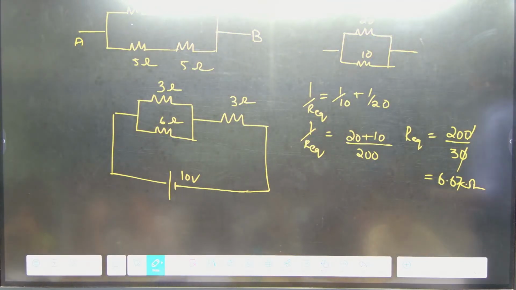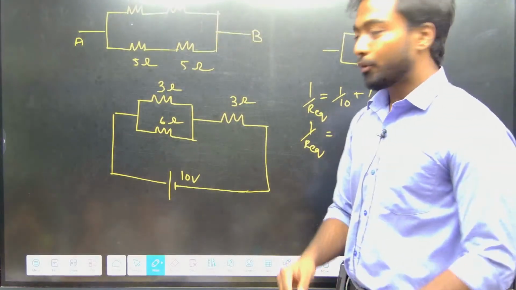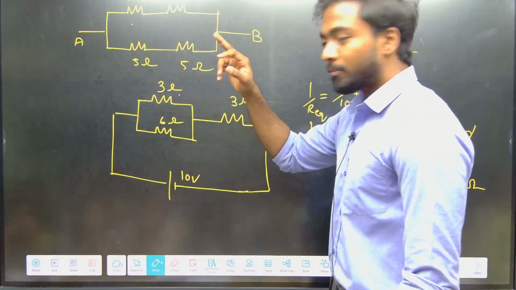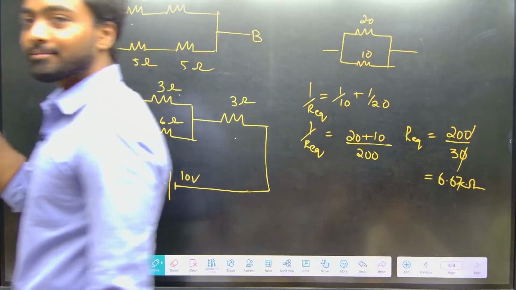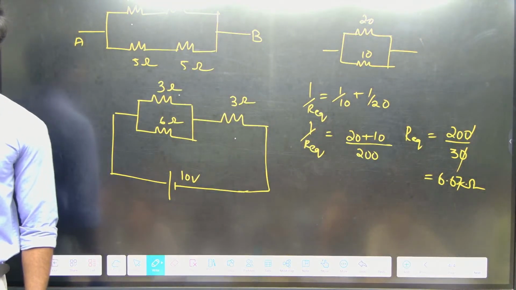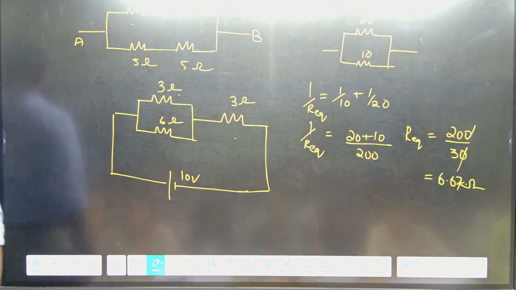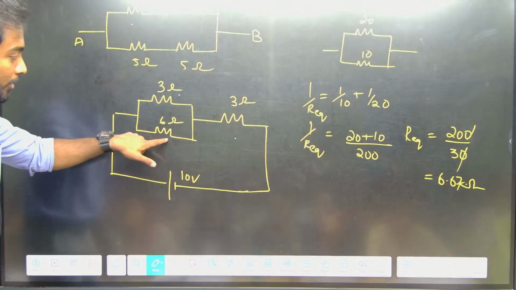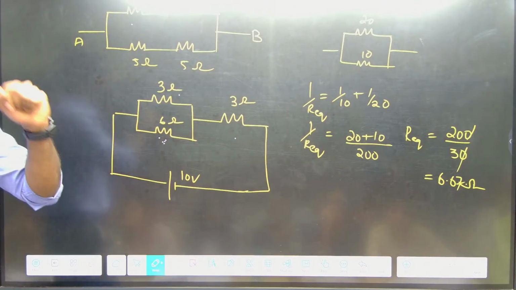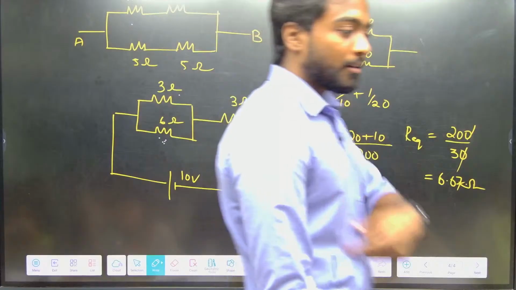I need to find the current flowing in 3 ohms, 6 ohms and again 3 ohms. Each branch they are asking. Suppose in the examination they ask what is the current flowing in the 6 ohms resistor, then I need to find everything.